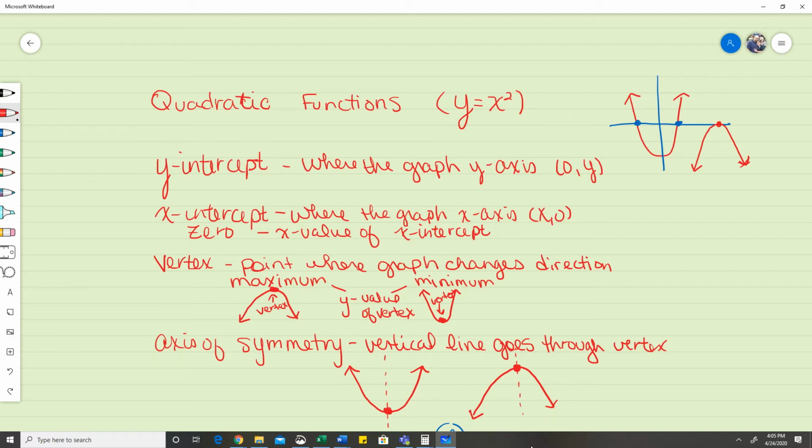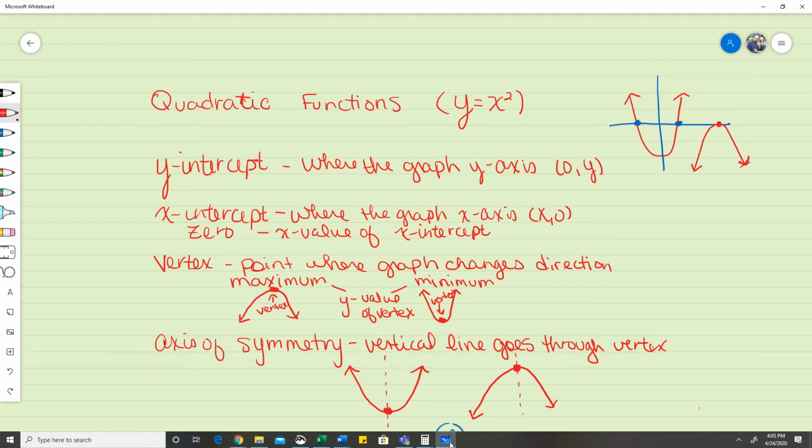Your axis of symmetry is a vertical line that goes through your vertex. Now, the axis of symmetry is not automatically drawn with your quadratic function. Your quadratic function is that U shape. It's that parabola shape. But we often draw in the axis of symmetry as a visual for ourselves. And the nice thing about the axis of symmetry is all your points are symmetric around that axis.